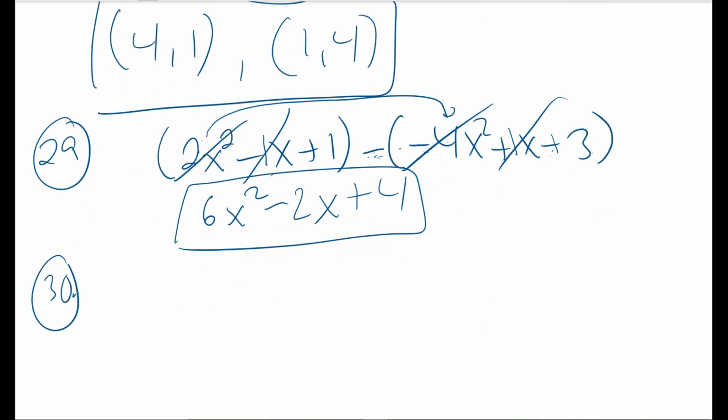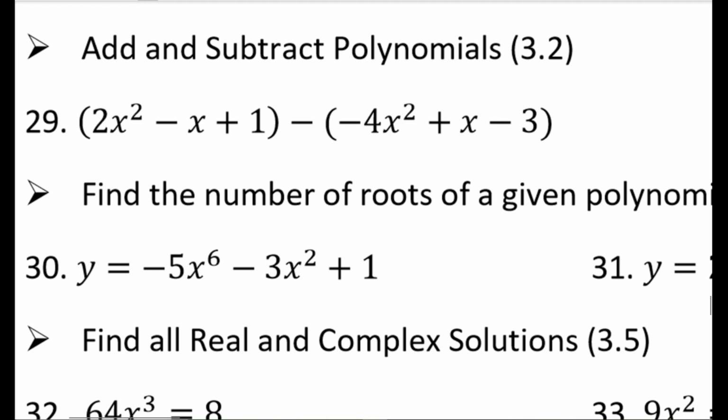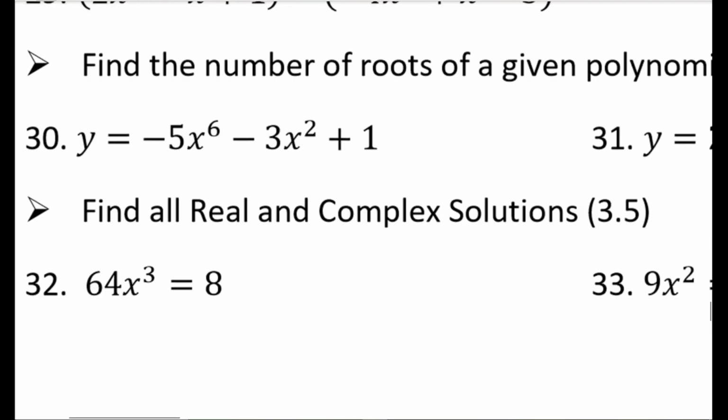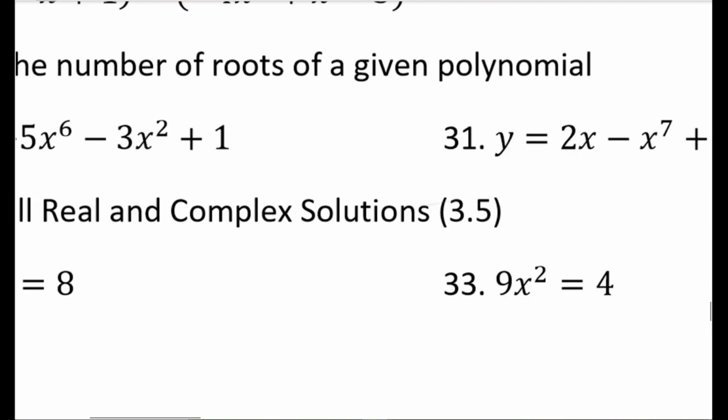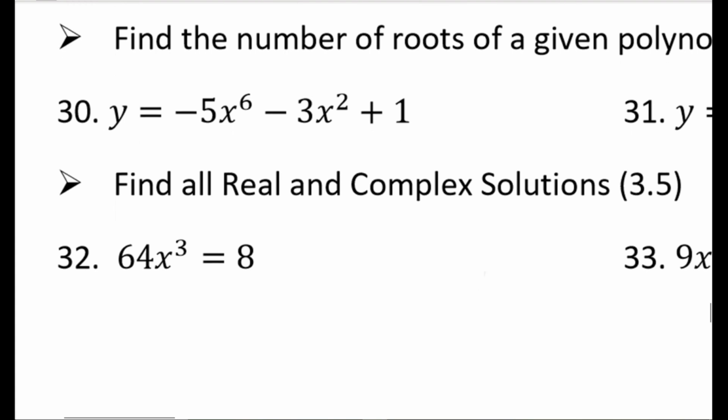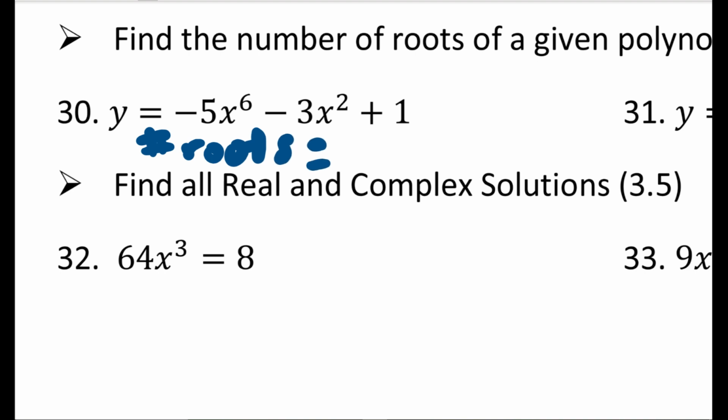All right, number 30. This one you guys will like because it's extremely simple. It's a gimme problem basically. Find the number of roots of a given polynomial. All you got to do, and I'll write the answer here, is look at the highest power. The highest power is 6. Therefore, the number of roots is equal to 6.